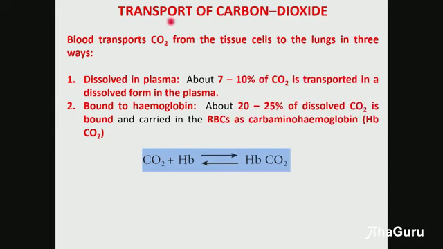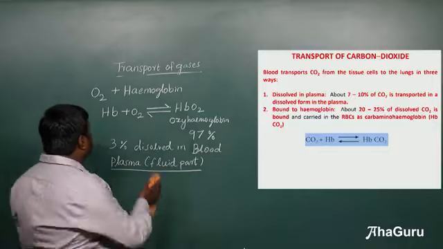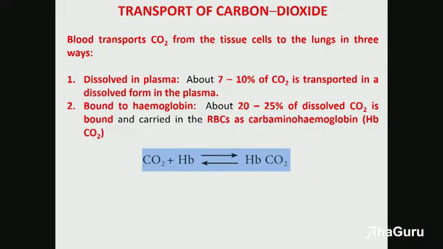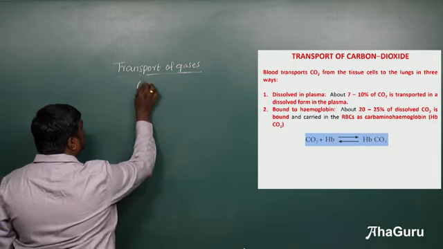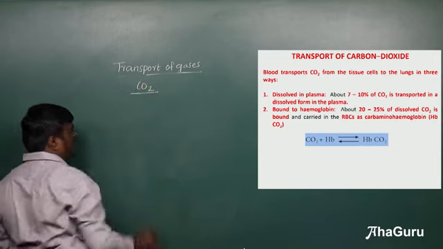Carbaminohemoglobin. In the transportation of carbon dioxide, it occurs in three ways. Oxygen is transported in two ways: one in the form of oxyhemoglobin, the other dissolved in the plasma. Carbon dioxide transport also occurs similarly.